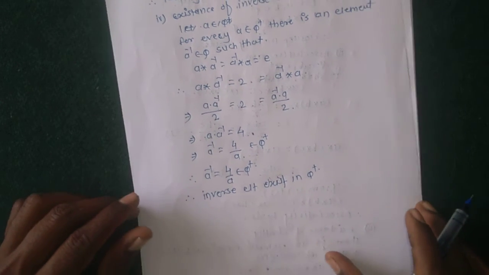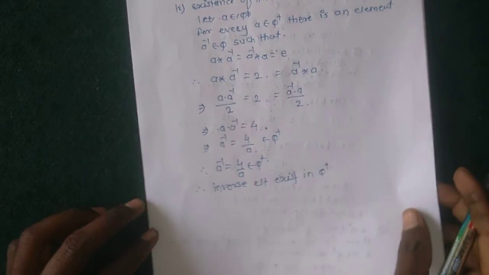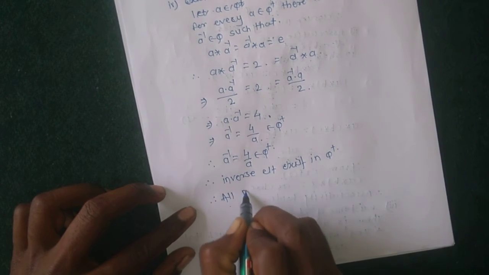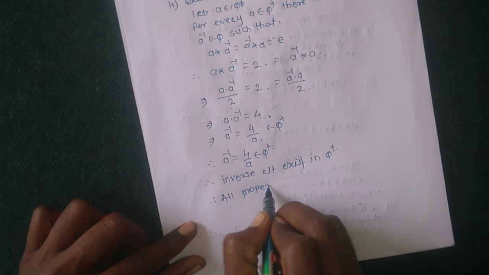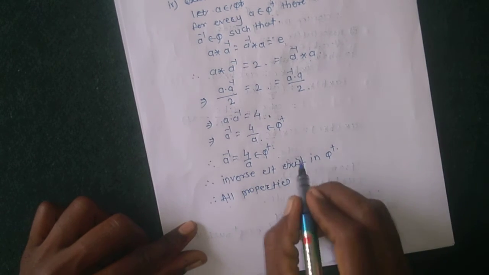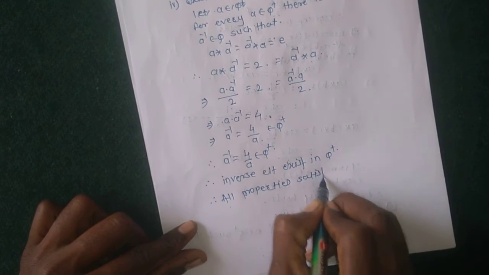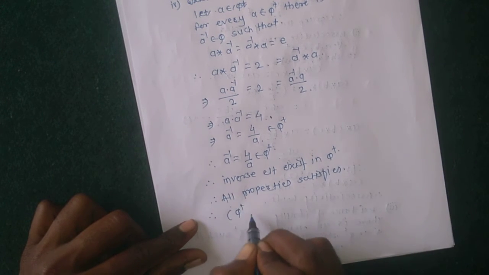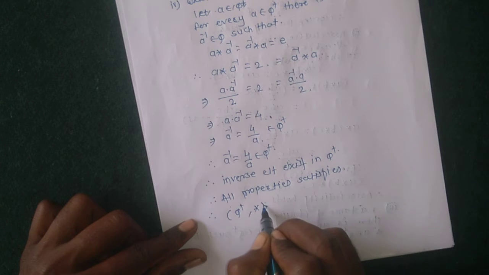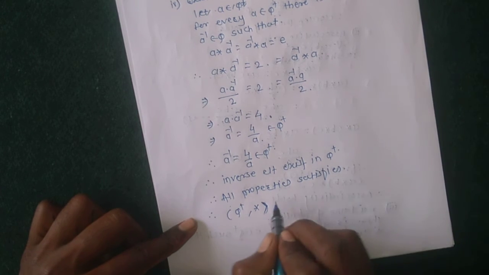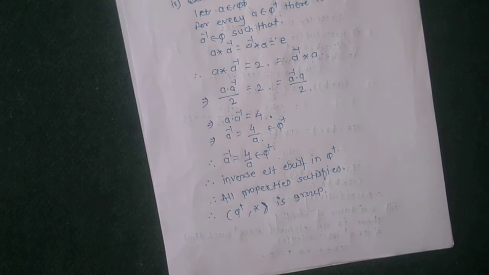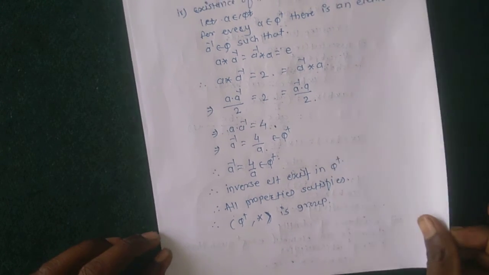Therefore all properties of a group are satisfied. Okay, therefore Q plus with respect to binary operation star is a group.